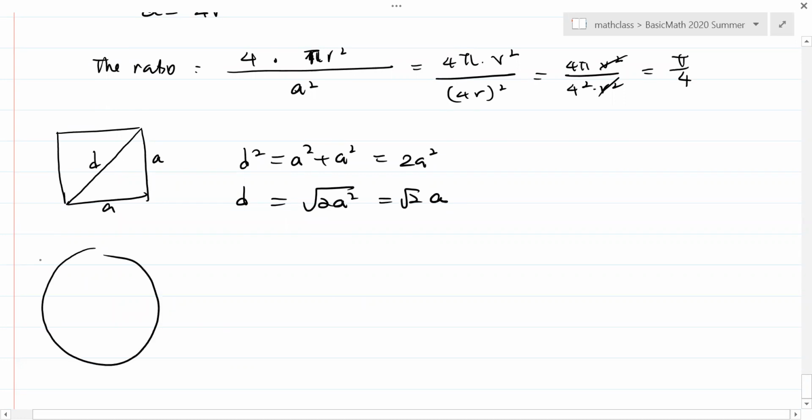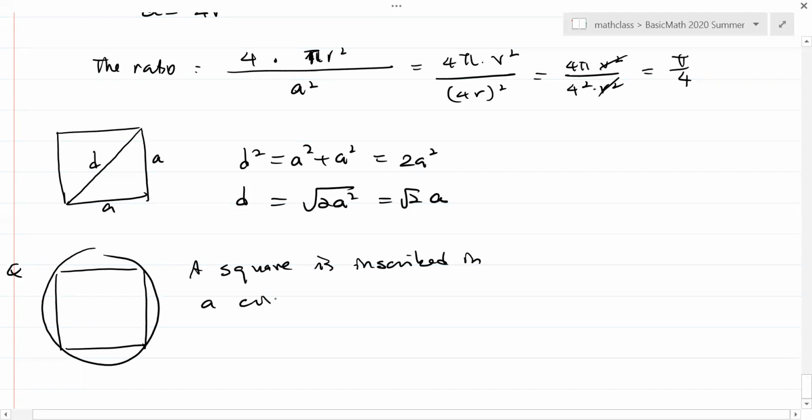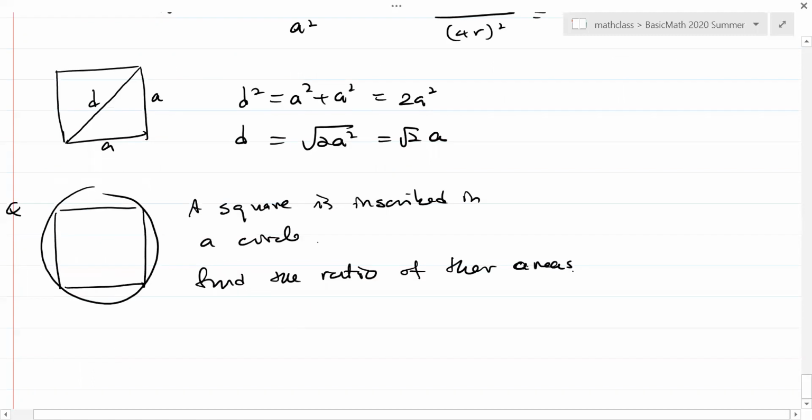I have a circle, and inside the circle I have a square. A square is inscribed in a circle. Find the ratio of the area of the square to the area of the circle.